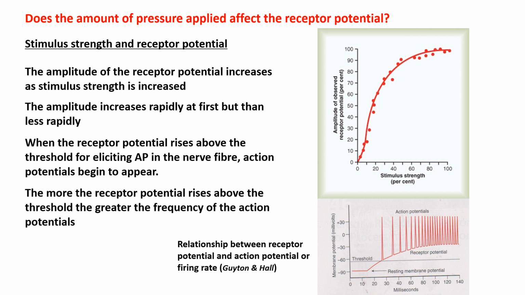So that's how our brain is able to tell how much pressure is applied, for example. The more the pressure, the higher the frequency of action potentials that reach the brain, and the brain will then interpret it as higher pressure. So this is what happens. Basically there is a relationship between stimulus strength, receptor potential, and the frequency of action potentials generated in the nerve.